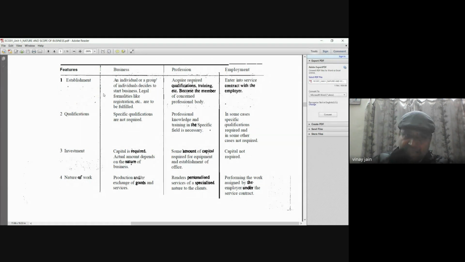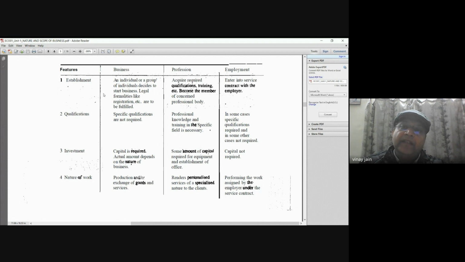So guys, in business, an individual or a group of individuals decides to start business, and legal formalities like registration, etc., are to be fulfilled. While in profession, you acquire required qualifications, training, etc., and become a member of the concerned professional body.